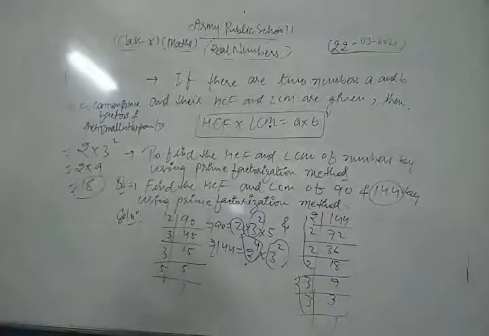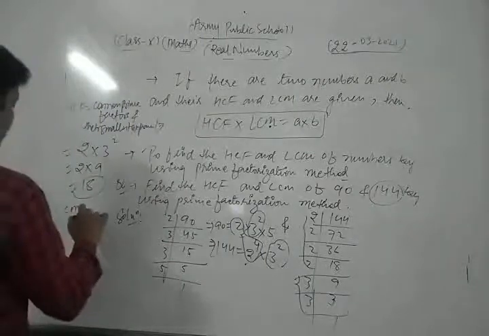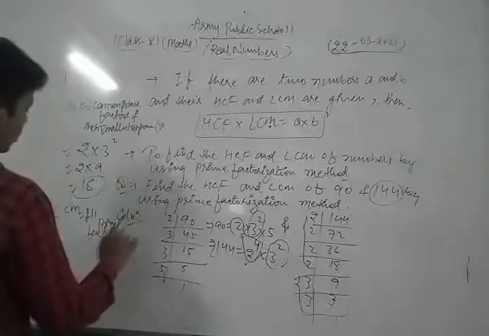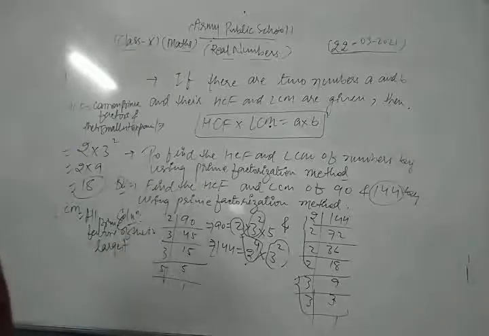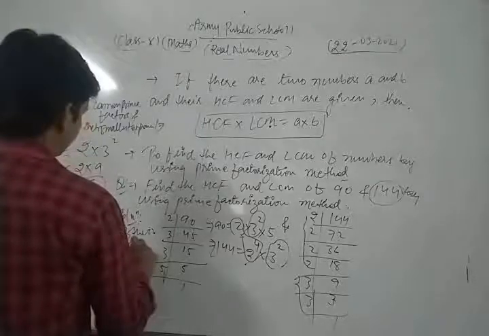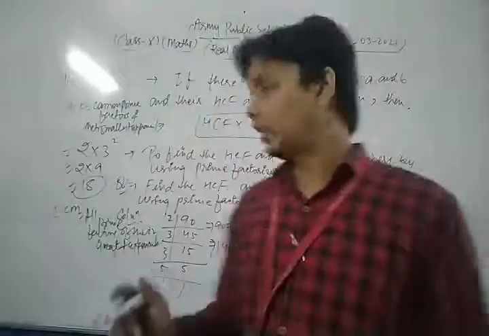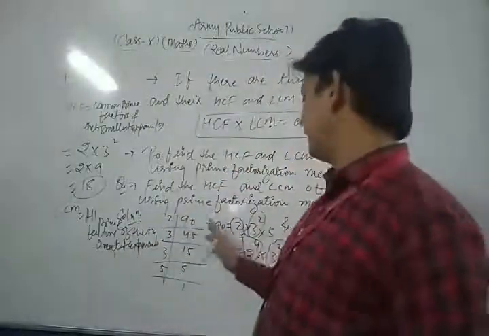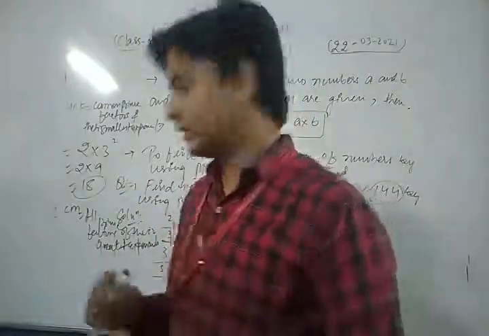Now LCM is what? LCM is the product of all prime factors of 90 and 144 with their largest, that is greatest, exponents.